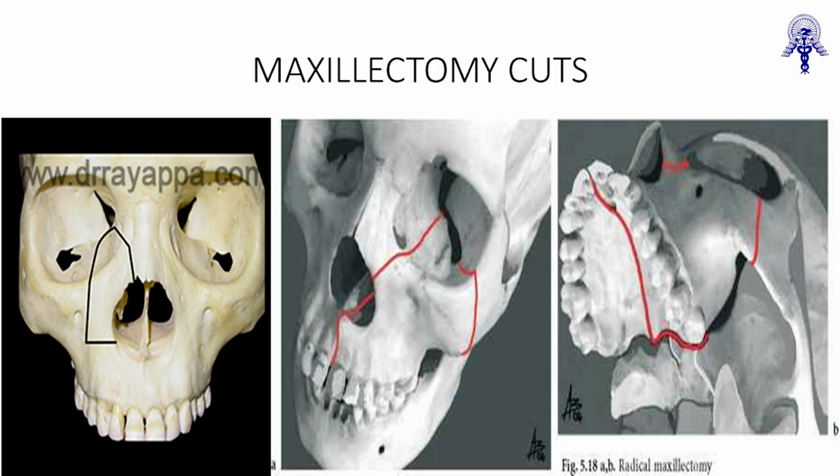This is one cut, the second cut differentiates from the palate. Here you see through the orbital margin, through the zygoma, and here the cuts. These cuts you have to describe. There is a shortage of time, so I am not describing in detail. Please do not forget to read the cuts in detail, that will be asked. They may not ask you about craniofacial resection, but maxillectomy they must.